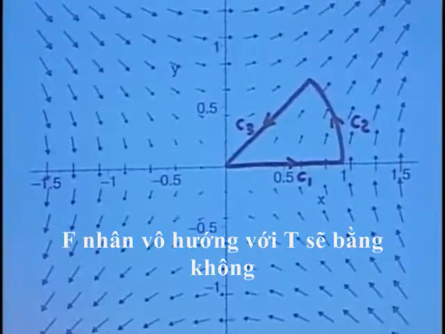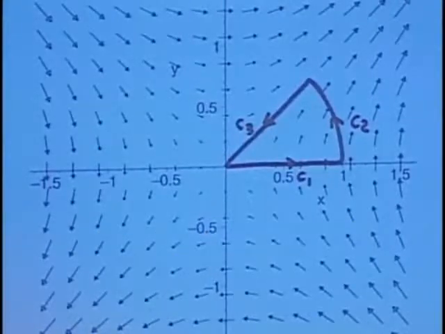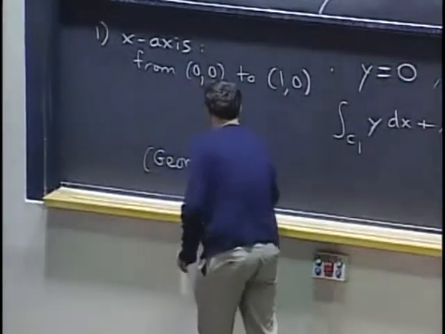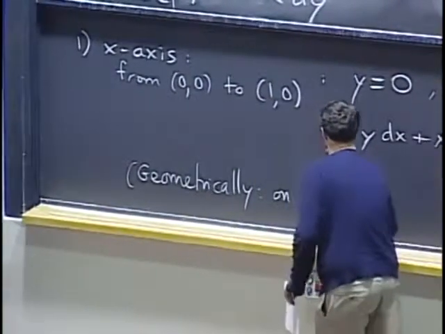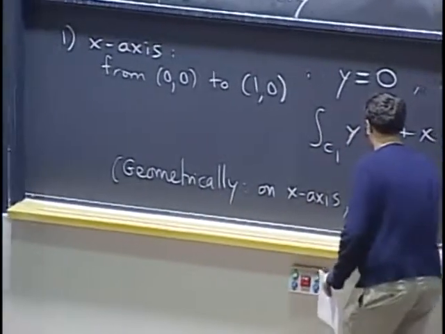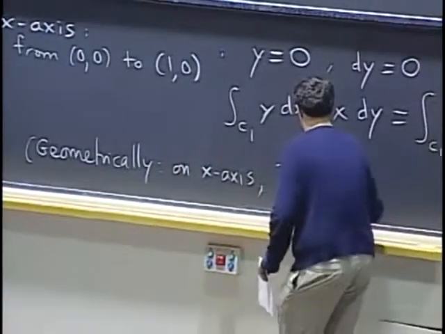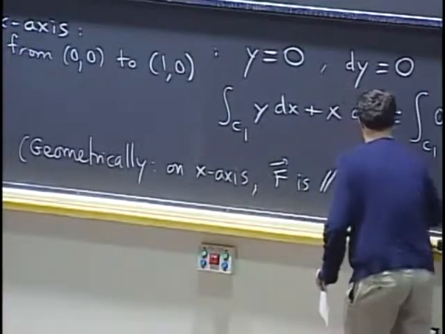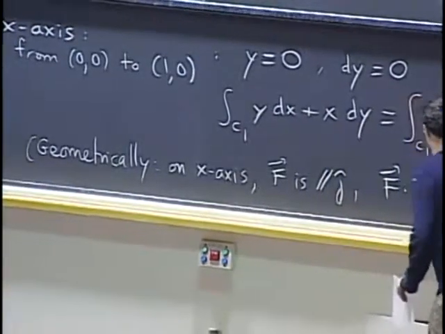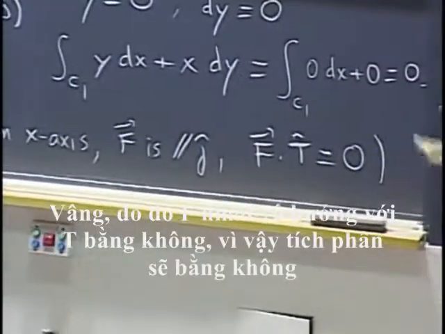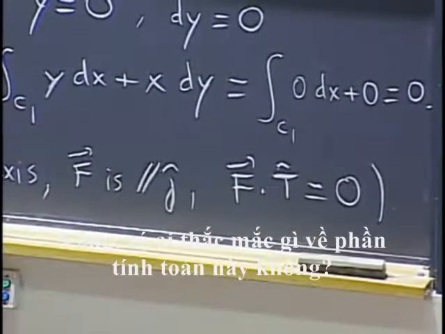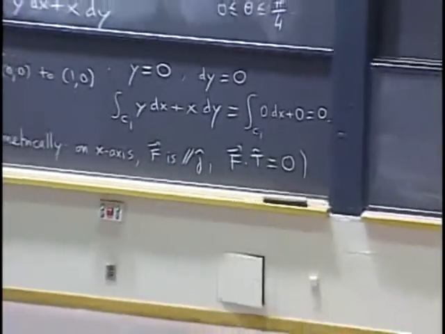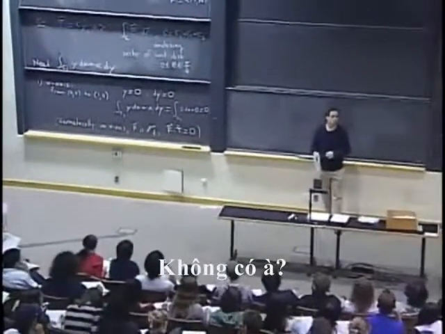F dot T will be 0. Okay, so F dot T is 0, so the integral is 0. Any questions about this first part of the calculation? No? It's okay?